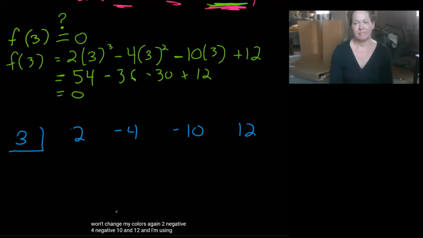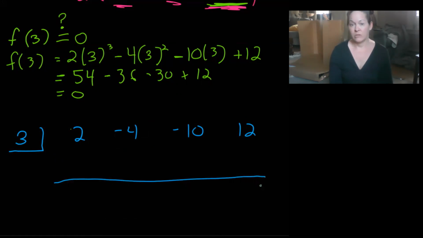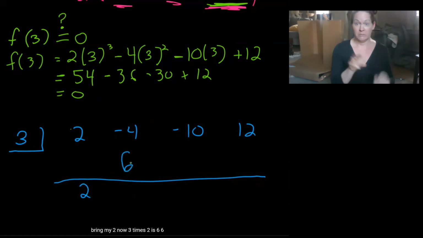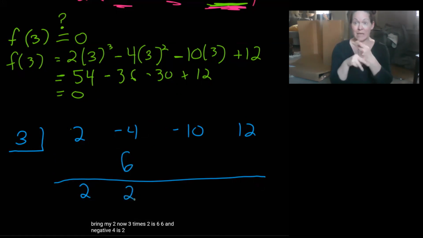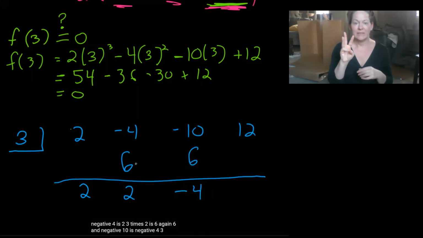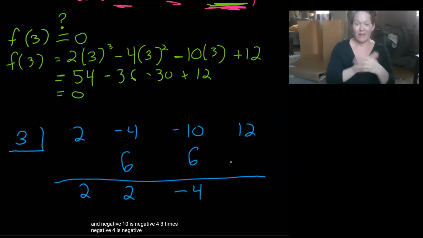And I'm using 3. Bring my 2 down. 3 times 2 is 6. 6 and negative 4 is 2. 3 times 2 is 6 again. 6 and negative 10 is negative 4. 3 times negative 4 is negative 12.